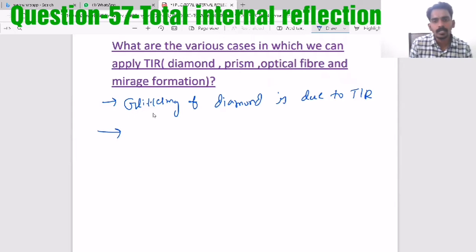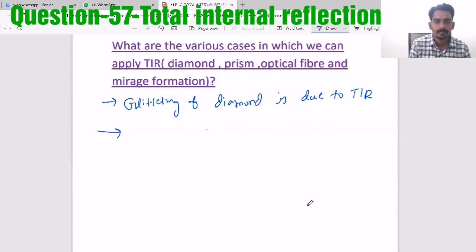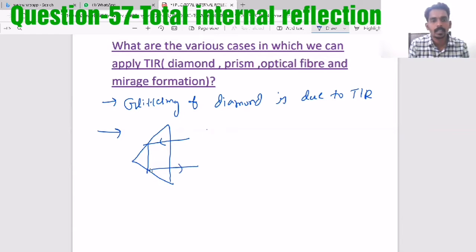And in case of prism, when light falls at a particular angle, light falls and here it will reflect back.